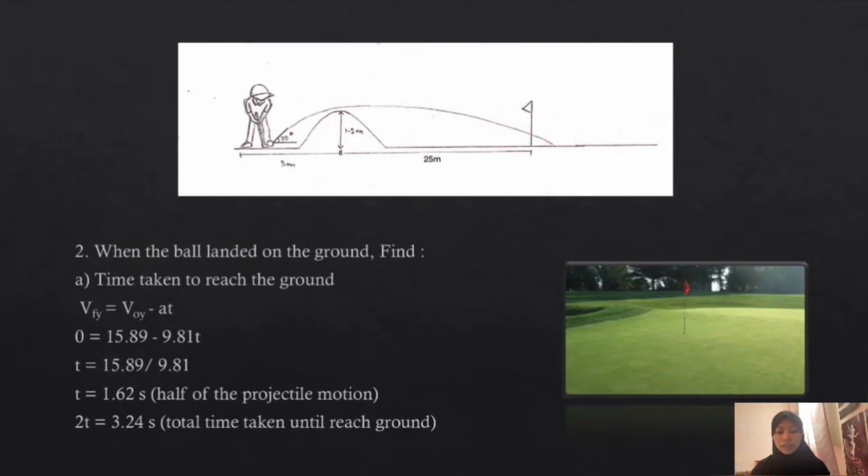Then for v0y, we use the v initial that we have got, and for a we use the gravity acceleration, and then we can find t. The t that we get is 1.62 seconds, which is half of the projectile motion. To get the total time, we need to multiply t by 2, and we will get 3.24 seconds.